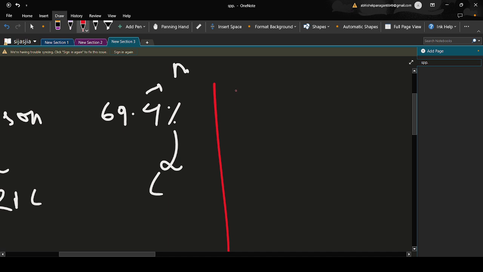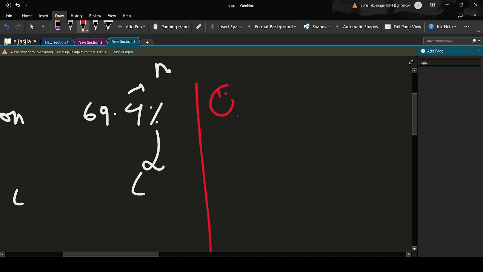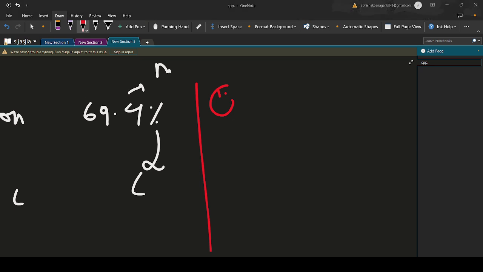Question number two. Should I upload the question into this? Maybe, but it's better to paste this question here. Let's go for something which is tough. It would be better to explain. So let me copy this question.